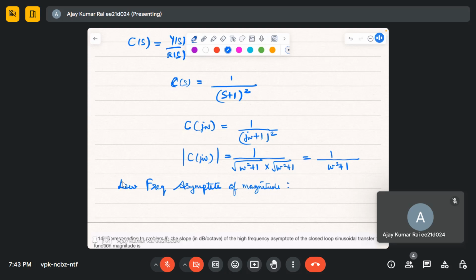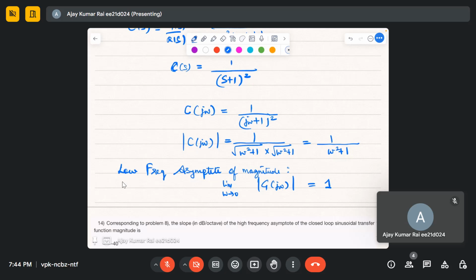If you square it, the value becomes even smaller than omega. So omega is very, very small, and you can neglect it with respect to 1. So let me write here, omega is tending to 0, so this will be equal to 1, because omega is 0.